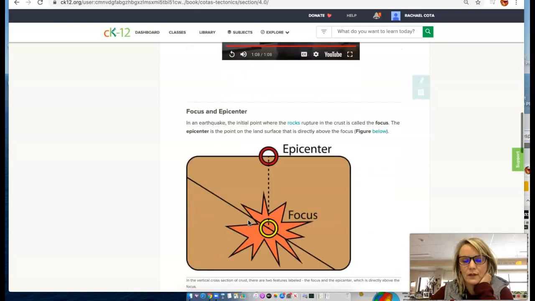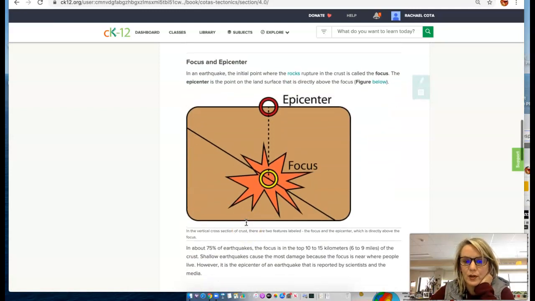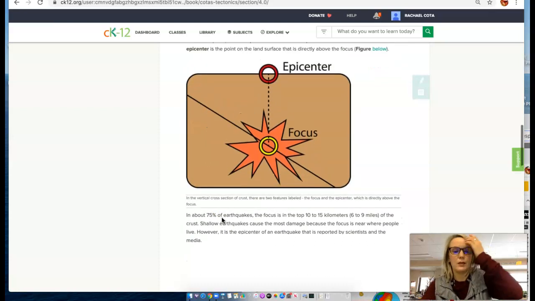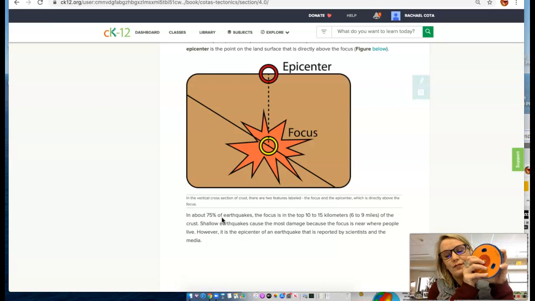Okay. There's a couple terms that I want to discuss with you. Seismologists are those who study earthquakes. They have to use these two terms a lot: focus and the epicenter. We'll be defining these terms in class, but here's my model of the earth.